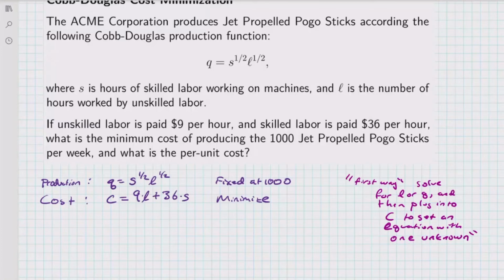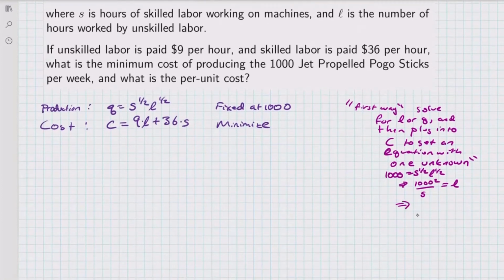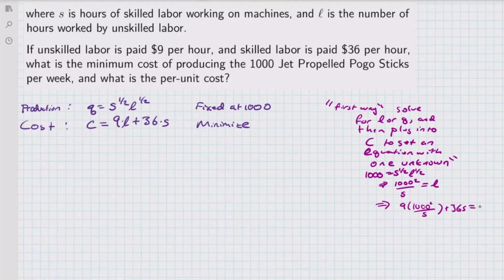I'd take 1,000 equals S to the 1/2, L to the 1/2, which would give me 1,000 over S, this would be squared, equals L, which would give me, when I combined it with the other one, 9 times 1,000 squared over S plus 36S equals C. And then I take the derivative and I solve for 0.